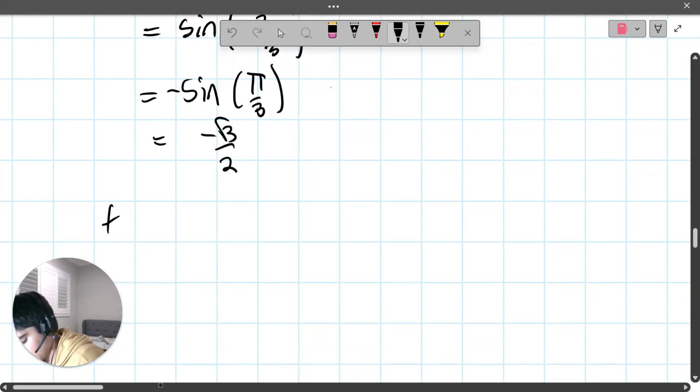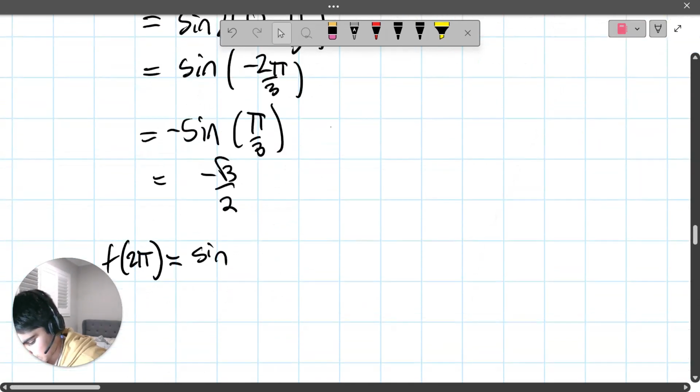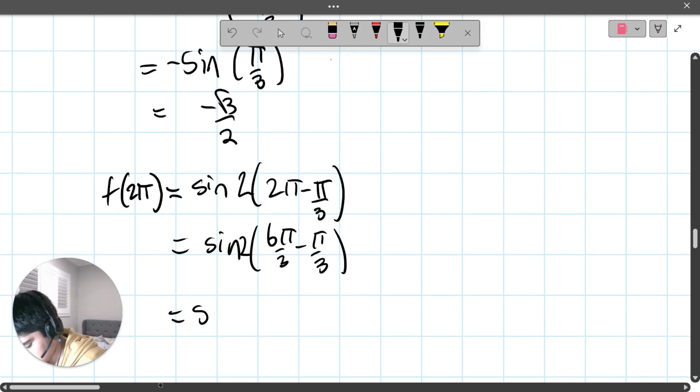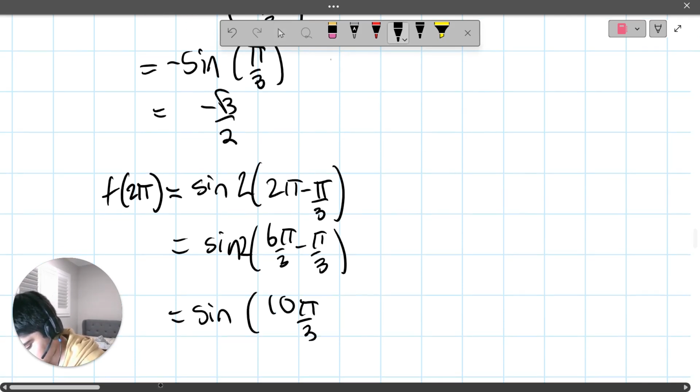f of 2 pi equals sine of 2 pi minus pi on 3. This equals sine of 6 pi on 3 minus pi on 3, which equals sine of 10 pi on 3.